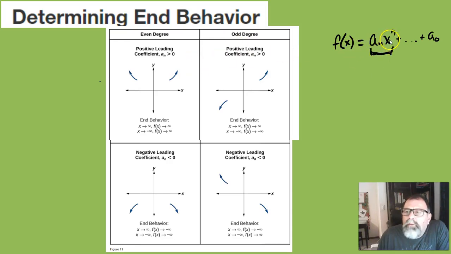If the degree is even and the leading coefficient is positive, then the left end and the right end both go up. If the leading coefficient's negative, both ends go down.